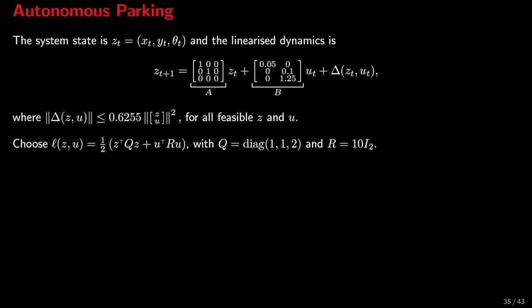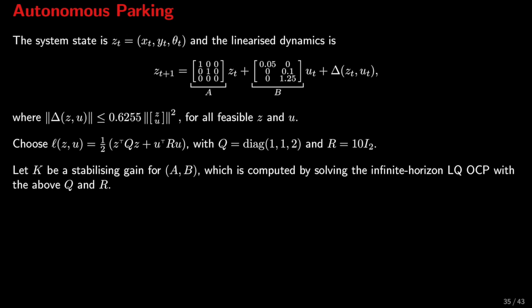Then we select the matrix R, which is equal to 10 times the identity. So we also give quite high significance to not actuating very aggressively. We need to keep the actuation low. We need to move smoothly and slowly from the initial point and orientation to the target point, which is the origin.